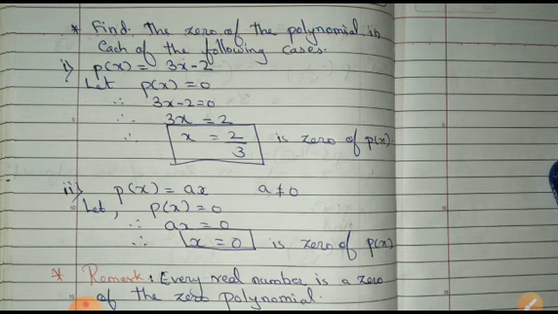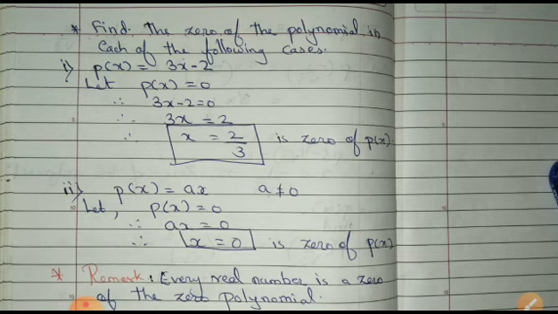So in order to find the 0 of the polynomial, equate p of x to 0. So since p of x is 0, you will have 3x minus 2 is equal to 0. So x term on one side and you will get the value of x as 2 by 3. So x equal to 2 by 3 is called the 0 of p of x.